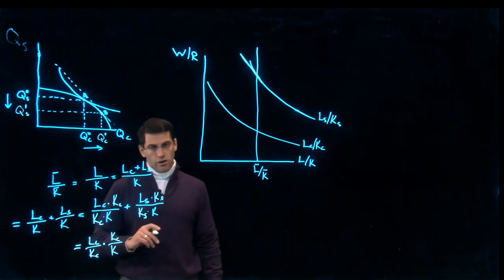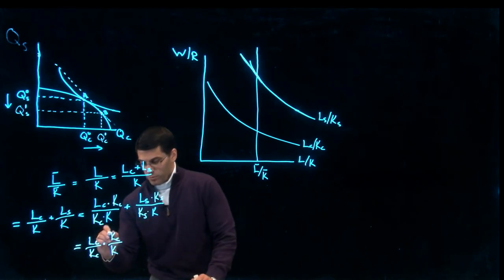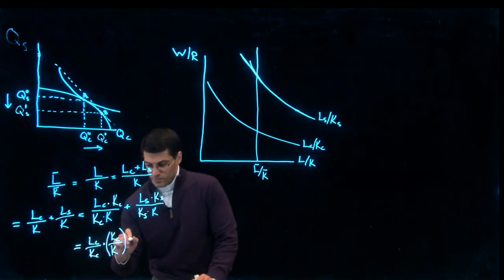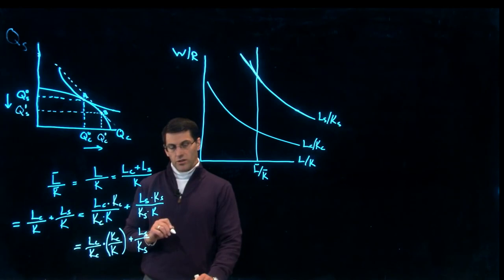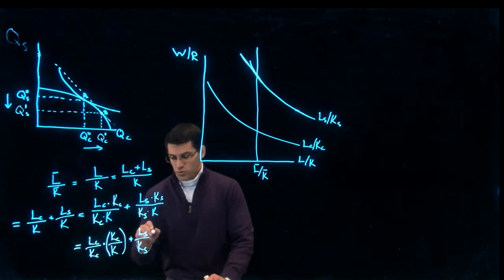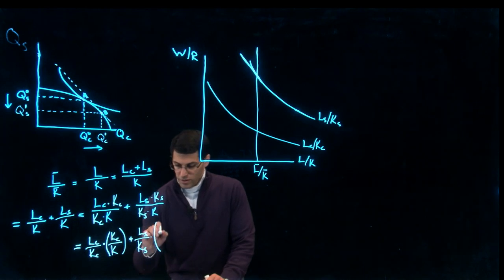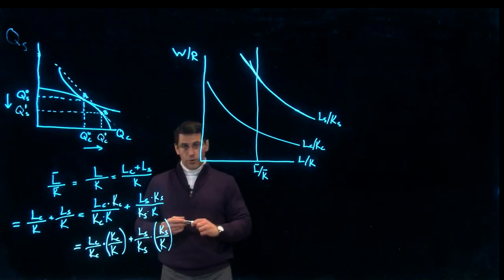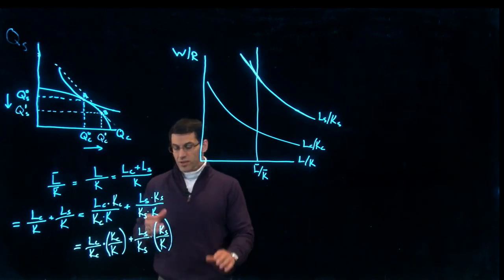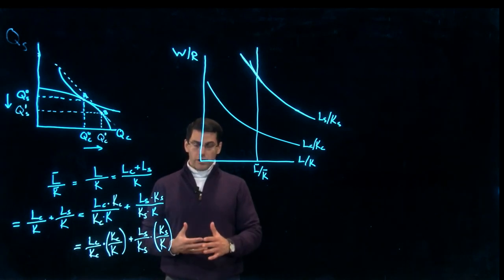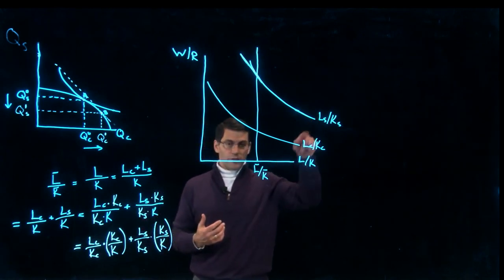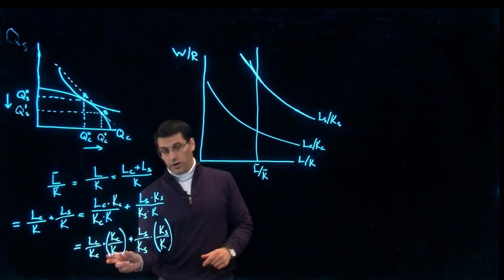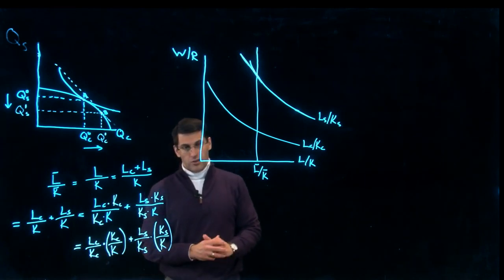Well, that's the share of capital that's employed in computers, plus Ls over Ks, which is the relative demand for labor in shoes, times Ks over K, which is the share of capital that's employed in the shoe sector, right? So when I say that the aggregate relative demand for labor is a weighted average of the 2 industry relative demand curves, those weights are given by Kc over K and Ks over K.